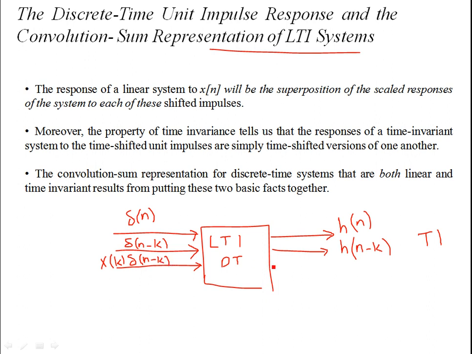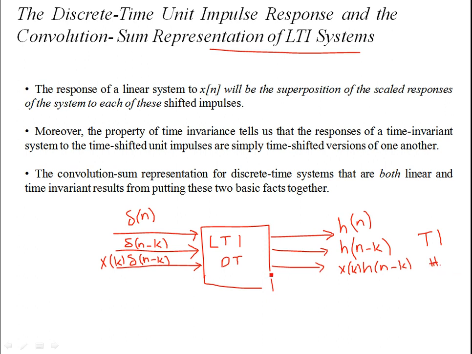Then what happens at the output is that since my output was h of n in response to delta of n, and due to delta n minus k, I have the response h n minus k, the output is also scaled by the same scalar. Why is that? The reasoning behind it is the principle of homogeneity, because my system is linear, or the principle of scaling.